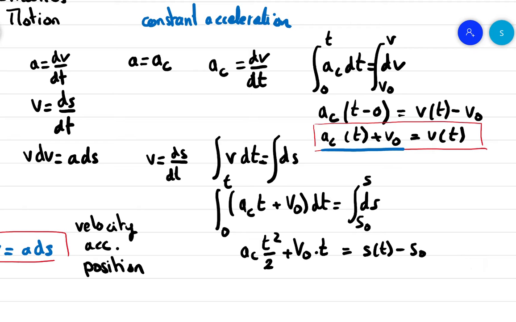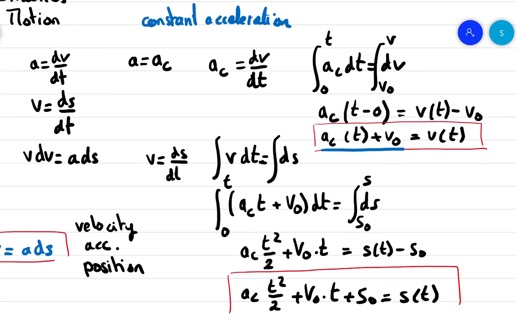So we can write that a_C times t squared divided by 2 plus v naught times t plus s naught equals s of t. So we have the formula for any displacement if we know that a_C is a constant acceleration. Now a_C is constant, v naught is the initial velocity, s naught is the initial displacement. The only thing that changes is the time.